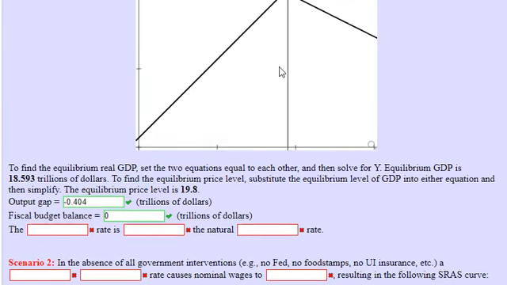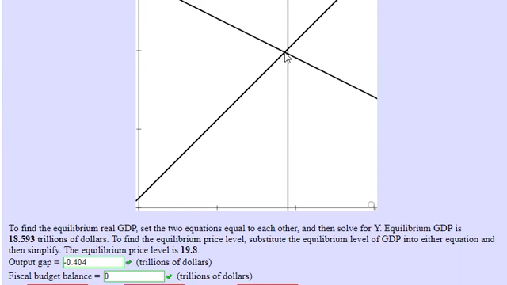Okay, because GDP right here is less than potential, the economy is inside its production possibility frontier.